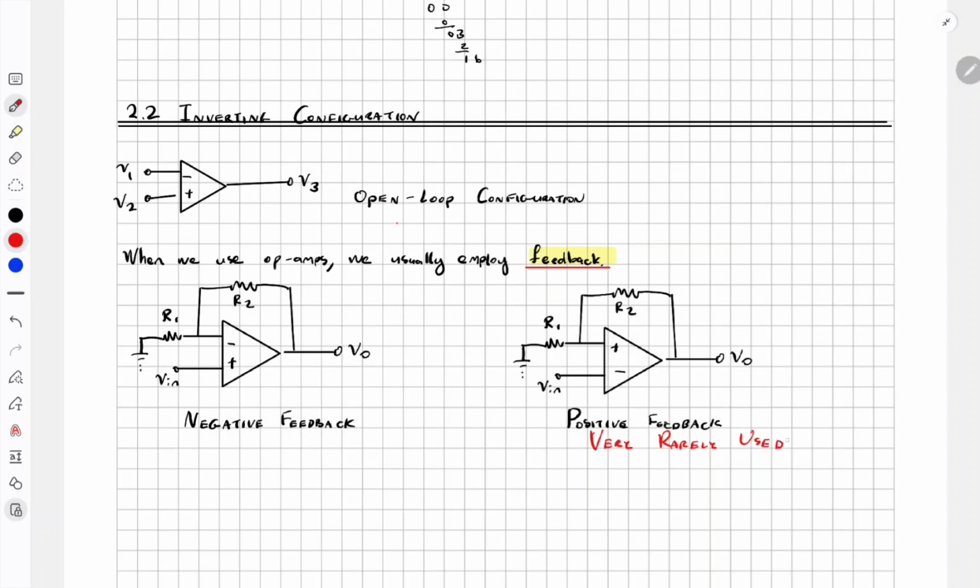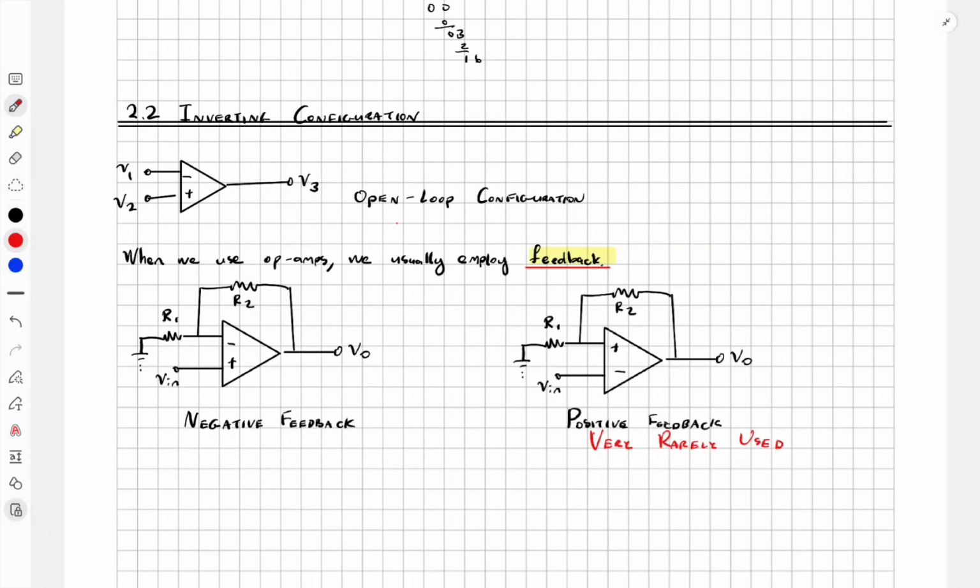The reason we don't use positive feedback often is that if the conditions are not very tightly controlled, there will be instability. It might be difficult to control, so we don't really use positive feedback that much, except for some very tightly controlled applications that take advantage of the instability, like maybe you're trying to make an oscillator to generate sine waves.